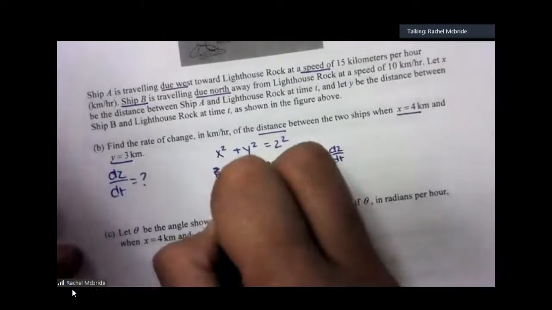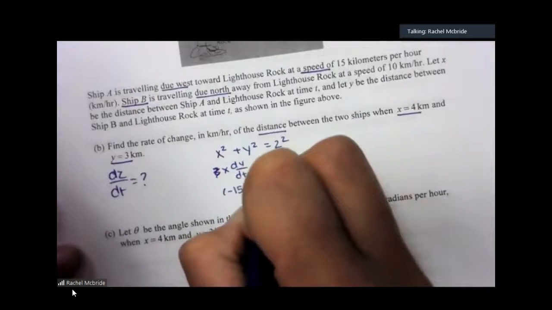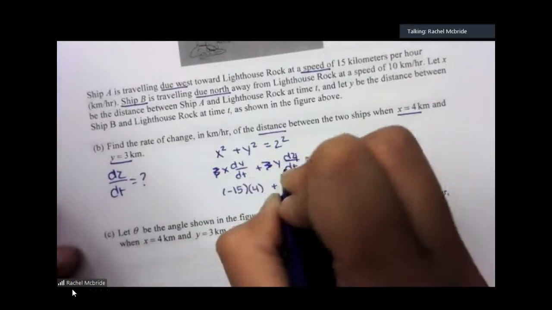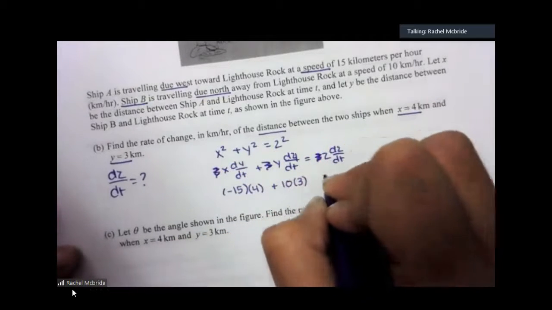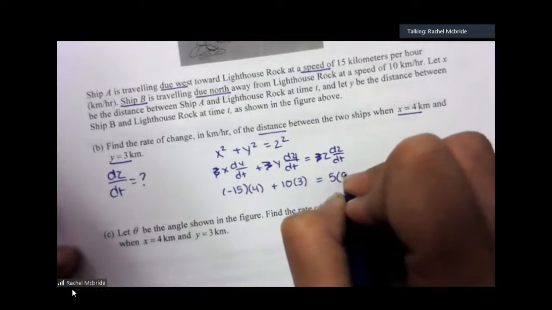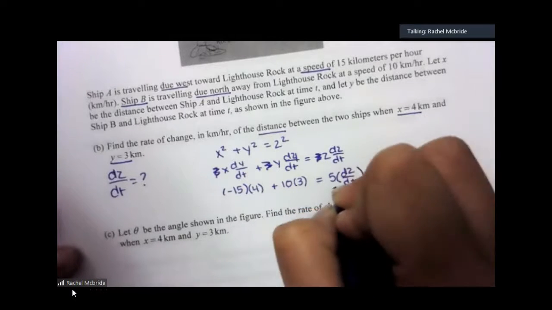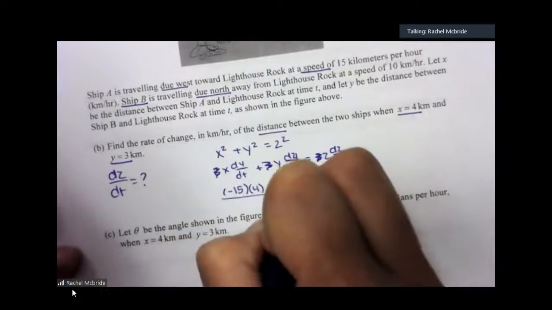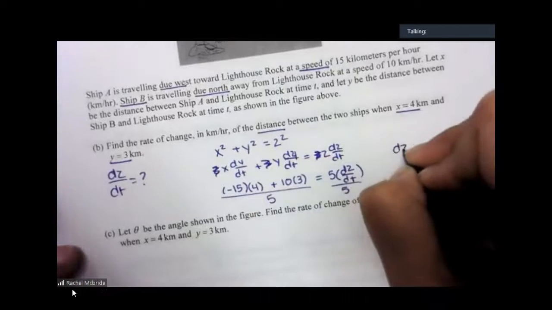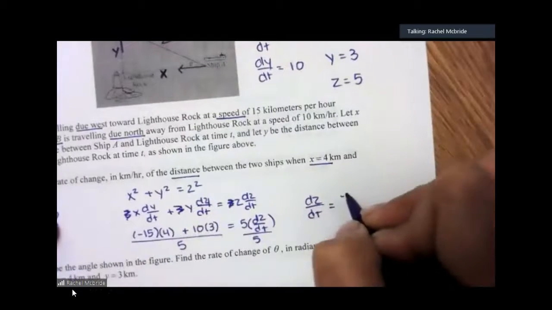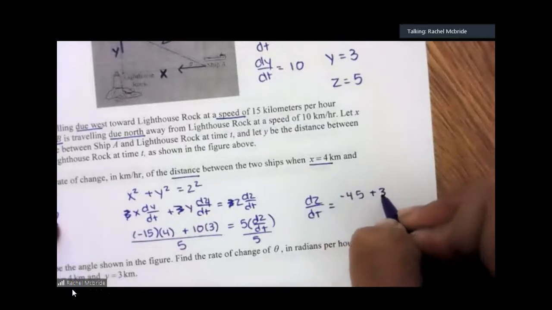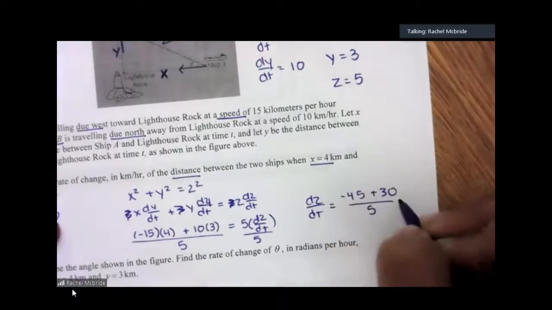So you have negative 15 times 4 plus 10 times 3 equals 5 dz dt. So divide both sides by 5. And dz dt is equal to negative 45 plus 30 all over 5.